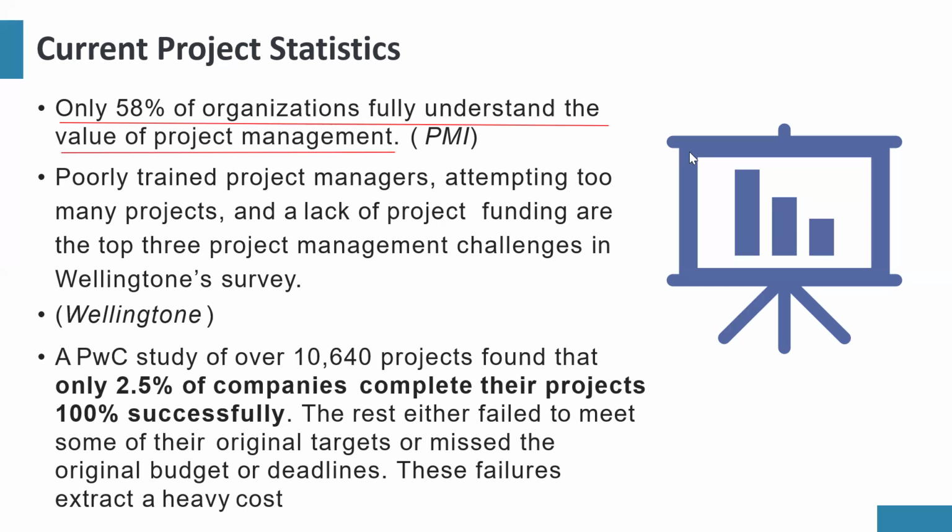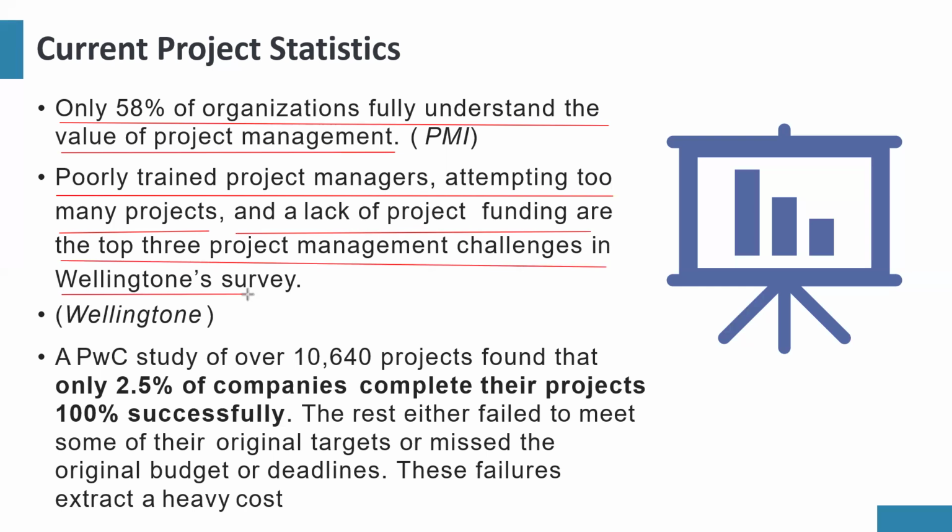Secondly, poorly trained project managers are attempting too many projects. So these poorly trained project managers are handling several projects at the same time. And then a lack of project funding. So companies are not able to fund projects very well. These three things are the top three project management challenges in Wellington's survey.